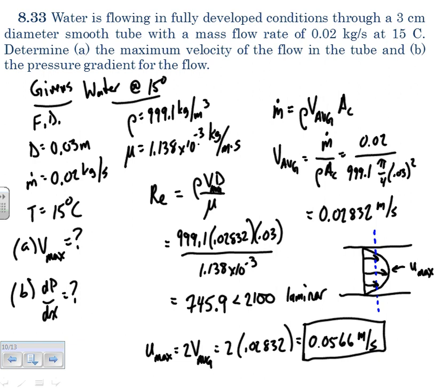All right, so that is my maximum velocity. That's part A. Part B is what's the pressure gradient? Well, again, for this Poiseuille flow, we have Poiseuille's law, and that says that the volumetric flow rate is equal to pi times r to the 4 divided by 8 times mu times the pressure gradient, which is always negative, so we put a negative to make it positive, dP dx. Okay?